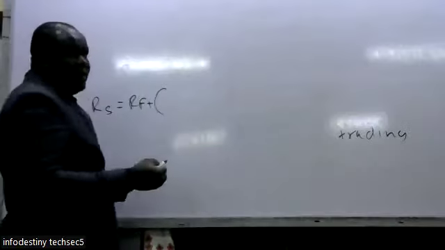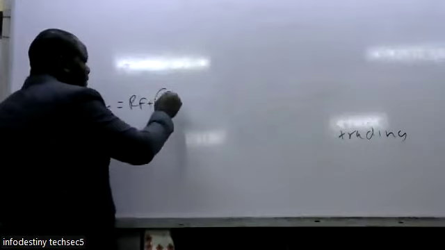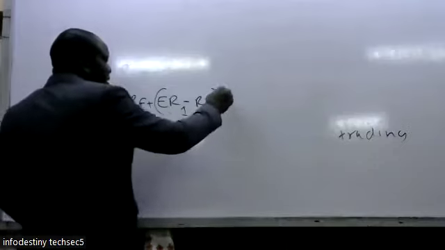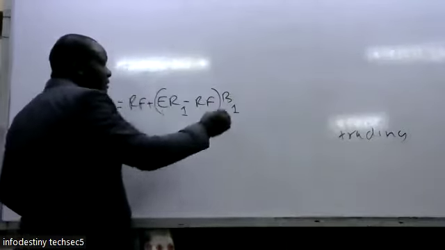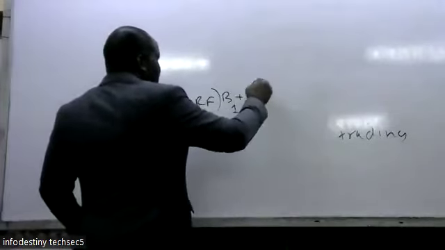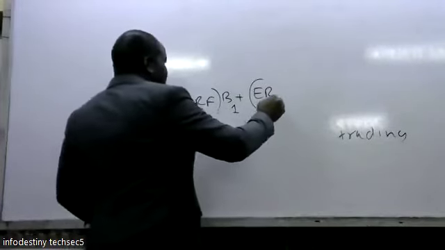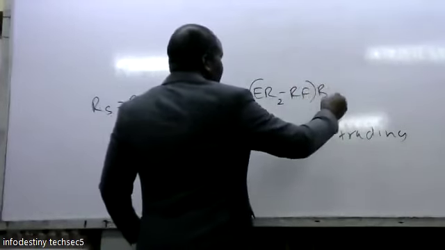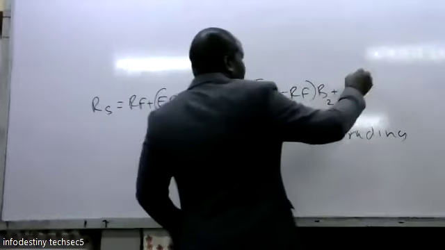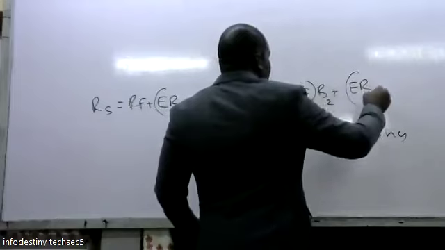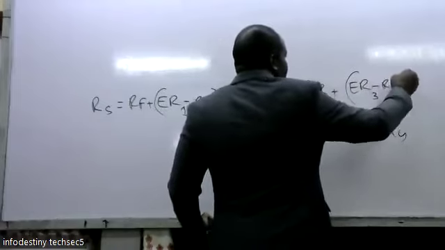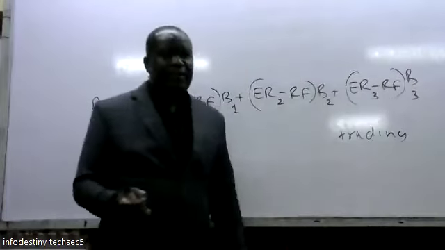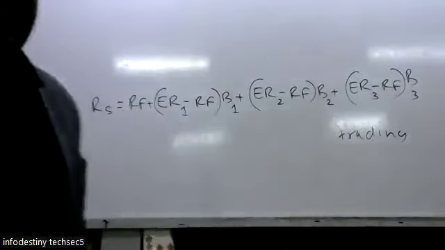the risk-free rate, plus in brackets, expected return for factor 1 minus the risk-free rate, times the beta factor for factor 1, then we add expected return of factor 2 minus the risk-free rate, times the beta factor of factor 2, plus also expected return of factor 3 minus the risk-free rate, times the beta factor of factor 3.